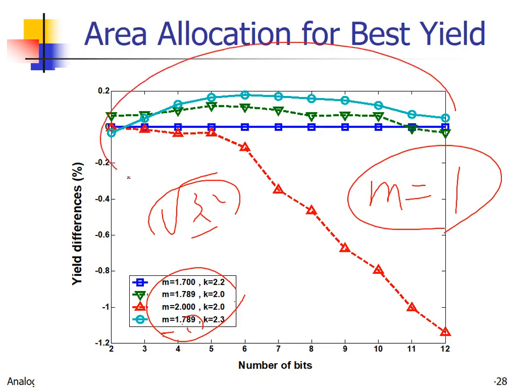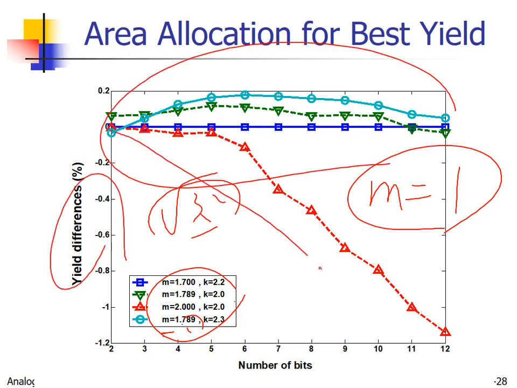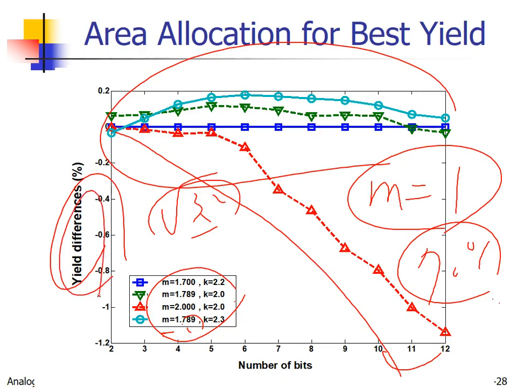For the simulation, the yield will be less than 70%. So the yield difference should be more than 30% for only 8 bits. For higher bits, you will get even worse yield.